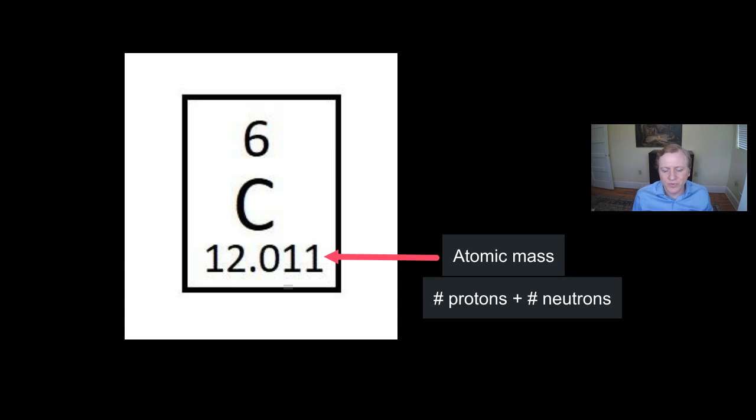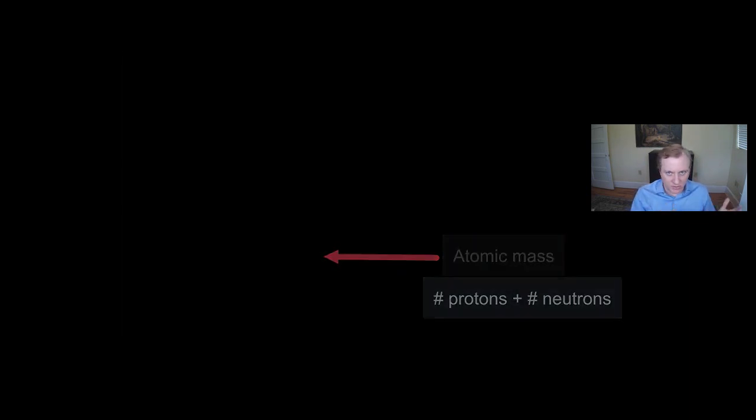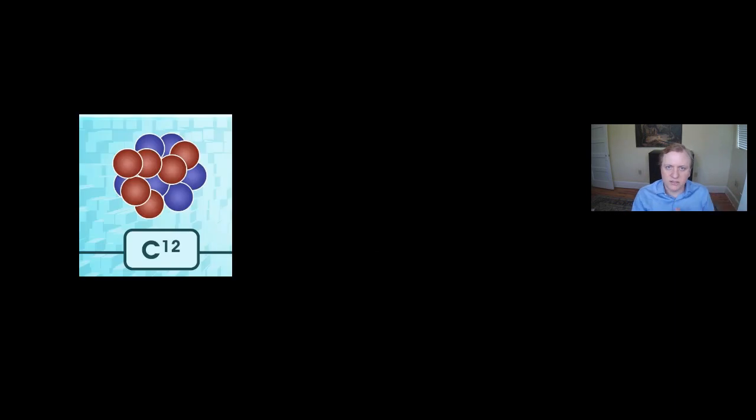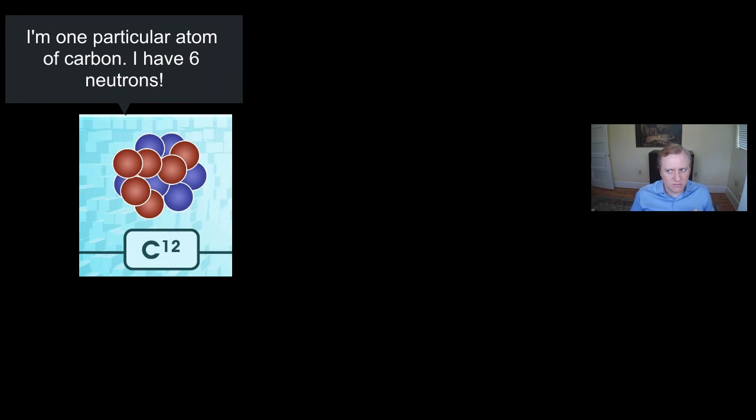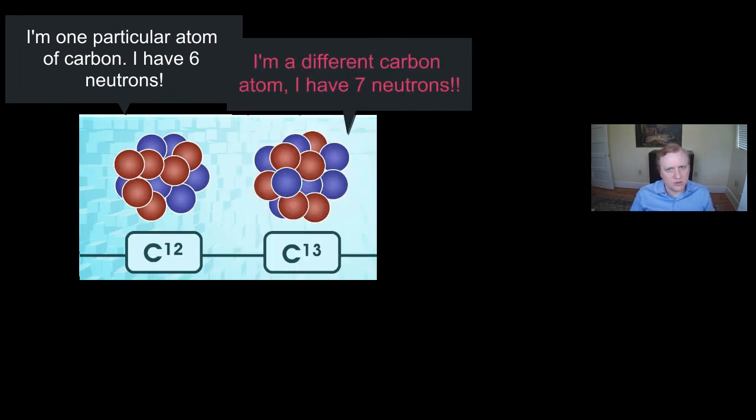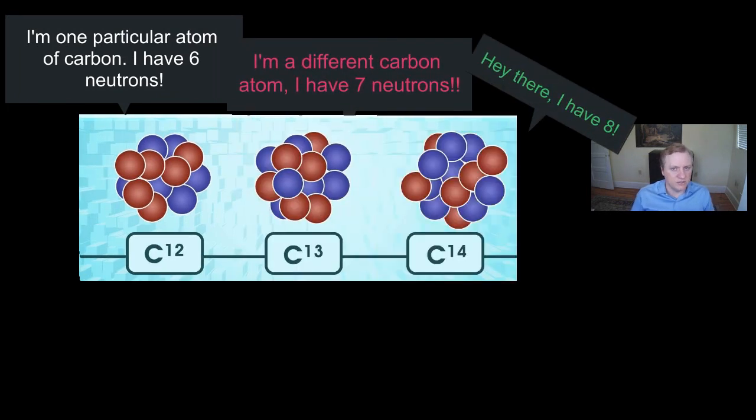No, we aren't. What's happening here is that all atoms of carbon have 6 protons, but some of them have 7 neutrons. Some of them have 8 neutrons. And so this atomic mass represents an average of all of those different atoms added up.